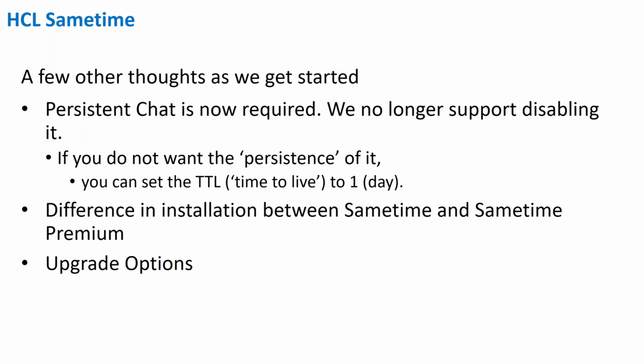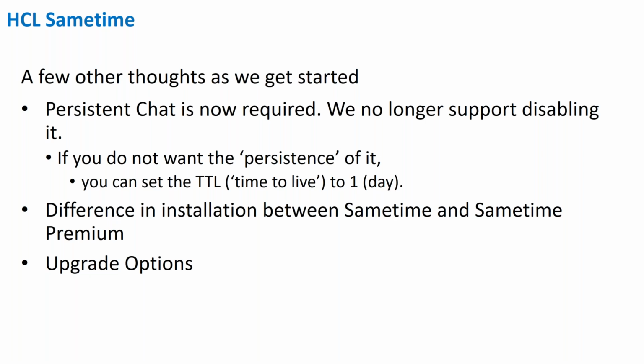In a Sametime or chat only environment, you're only going to get the community server, what we call the Sametime MUX, the proxy server, and a couple of components that help with authentication and things like that. In a premium environment, you also get the video components, the recorder components, and a few other bits that help with the meetings aspect of it, and of course the small parts that tie all of them together. But the installation itself is fundamentally the same.